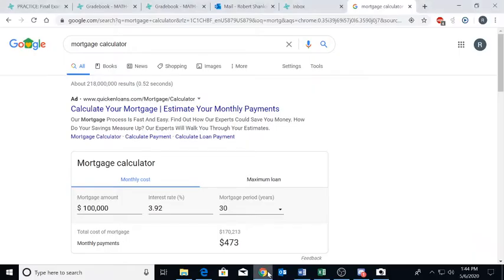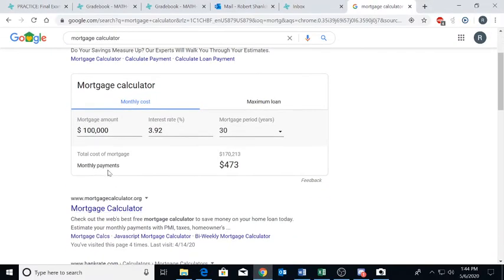All right, so let's go. If I use this one that just popped up here, and I change this to 160,000, the interest rate to be 4, then I am coming up with $764.